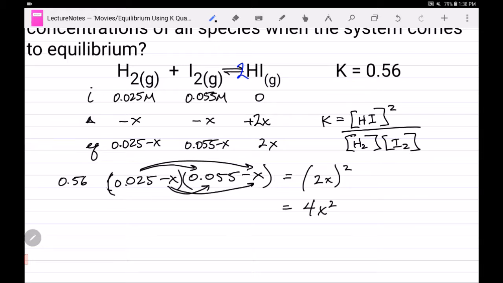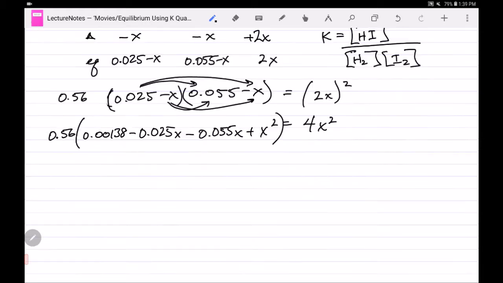So 0.025 times 0.055 is 0.00138 minus 0.025x minus 0.055x plus x squared. Now we're going to continue to combine like terms.